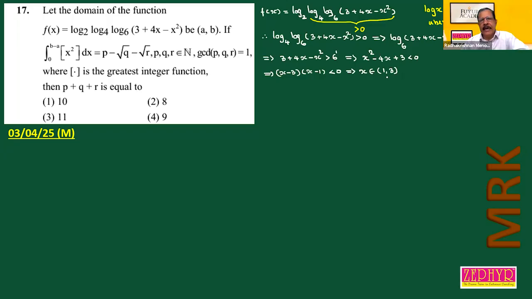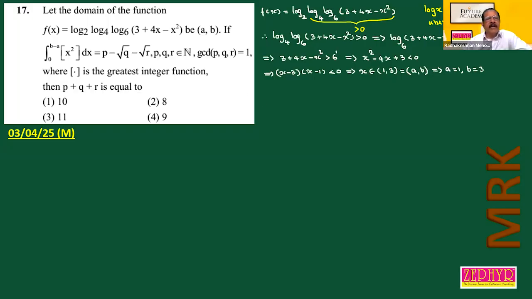Okay? x lies in between the roots. So it is given that this open interval equals a comma b. Domain a comma b ആണ് തന്നിരിക്കുന്നു. So by equating corresponding elements, we are getting a equal to 1, b equal to 3. അപ്പൊ എയുടെയും ബിയുടെയും വാല്യൂസ് കിട്ടിക്കഴിഞ്ഞു.